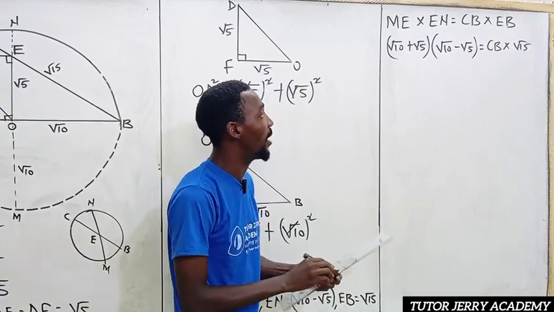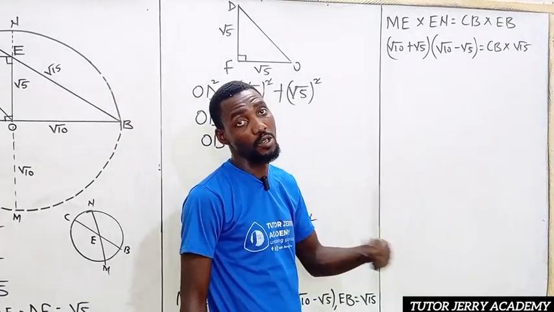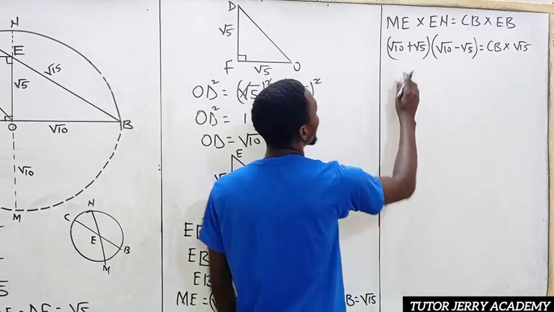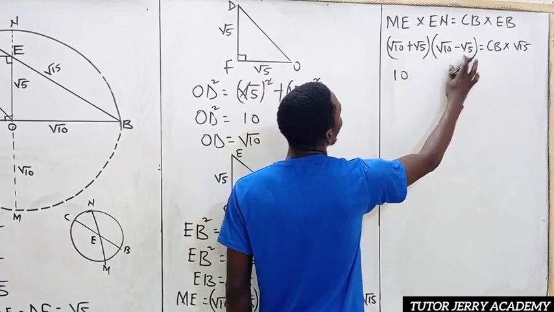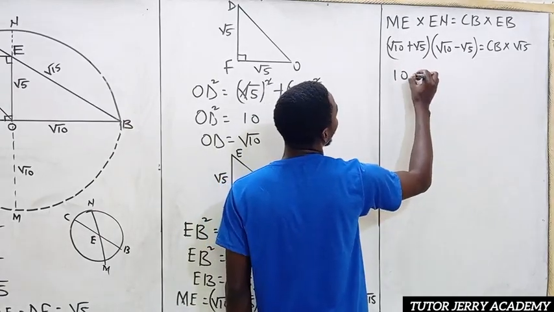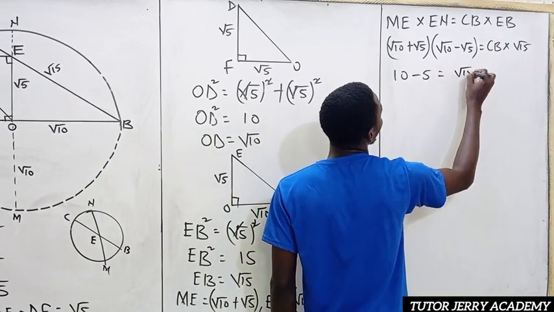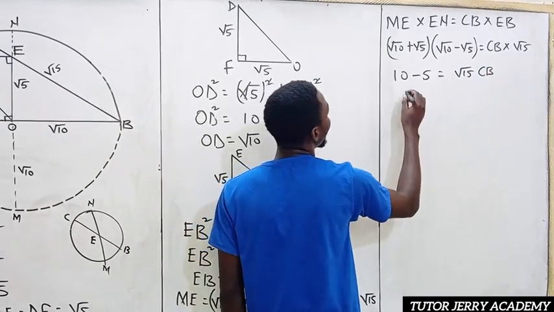So we want to find our CE. Now we know that this one here is nothing but a difference of two squares, so we don't need to expand. When we have a difference of two squares, you just multiply. Root 10 multiplied by root 10, that is 10. Then root 5 multiplied by negative root 5, we are going to have minus 5, equals root 15 CE. 10 minus 5, that is 5.